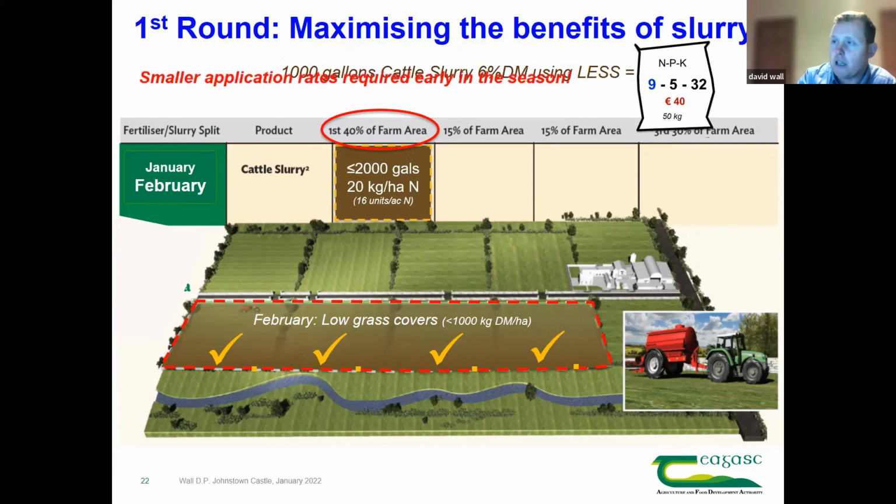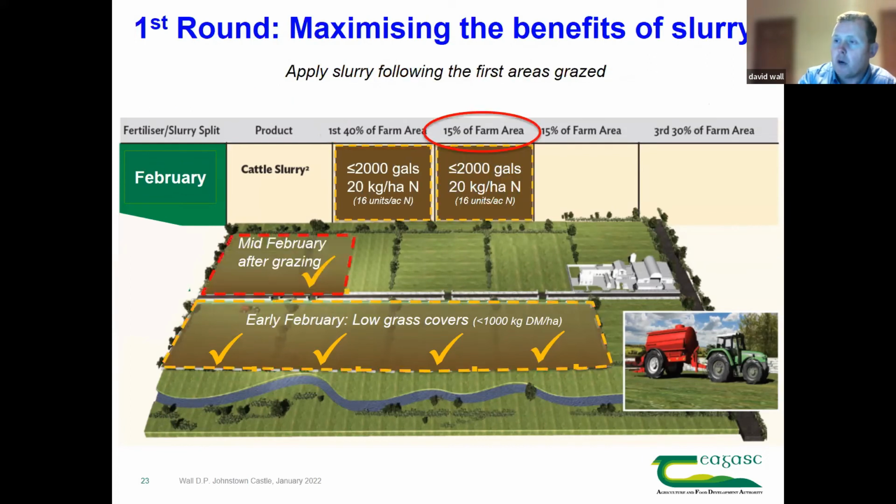If we think about then moving forward, the next ones to hit, as we get into mid-February and we begin to graze, we can follow the cows or follow the cattle as we're grazing there. And again, a low amount of slurry on those ones after grazing in mid-February.